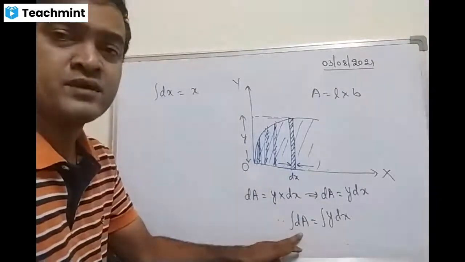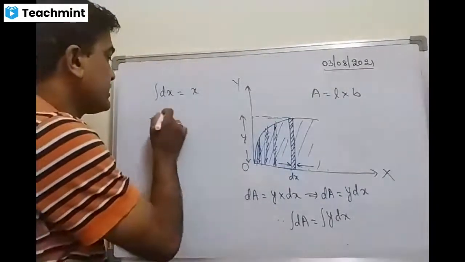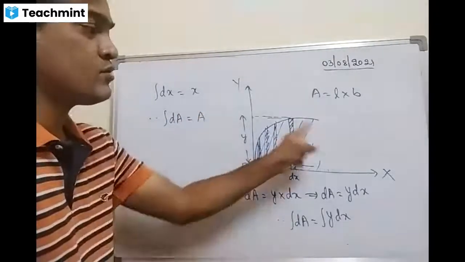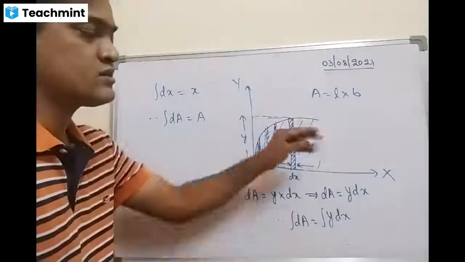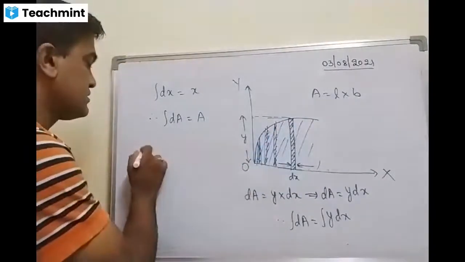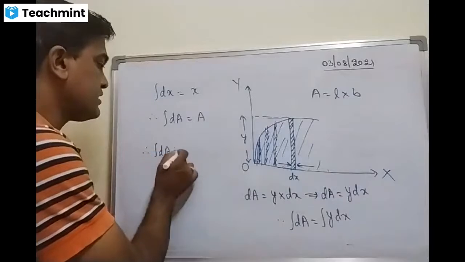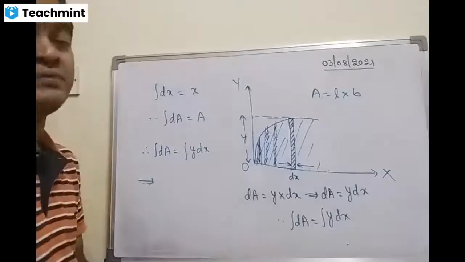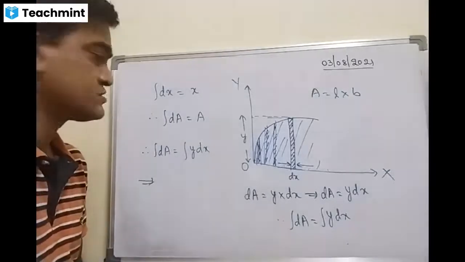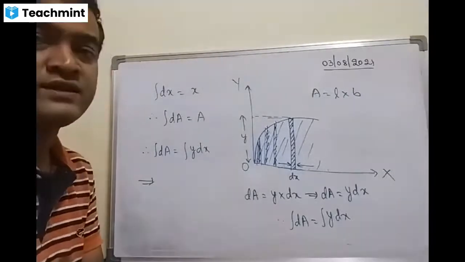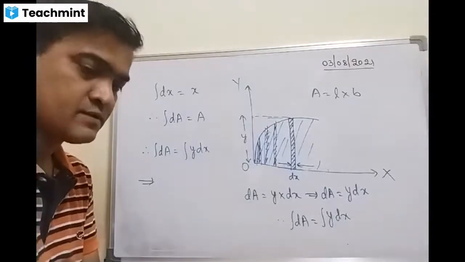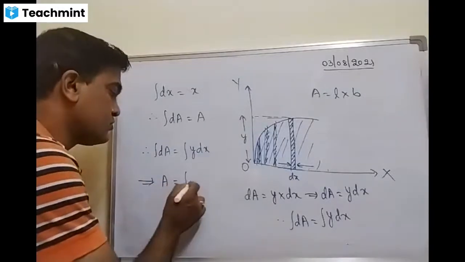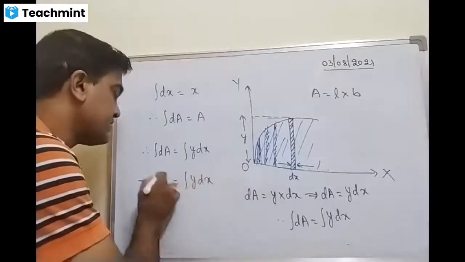Therefore, integral of dA becomes A, that is, the total area bounded by this shaded region. So A is equal to integral of y dx.